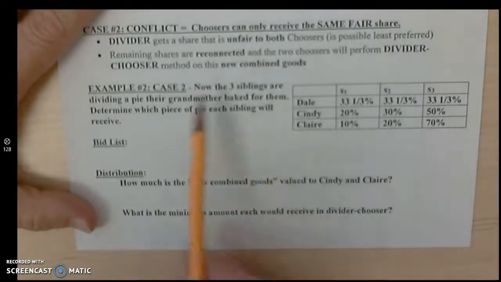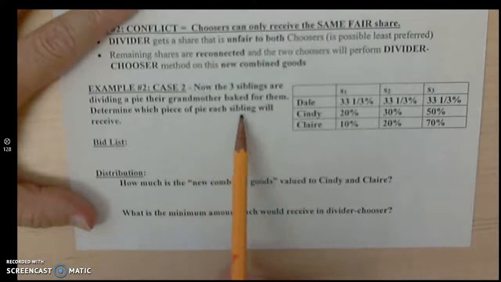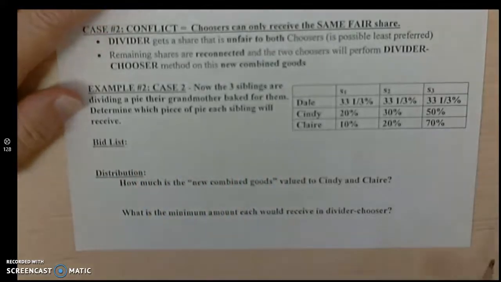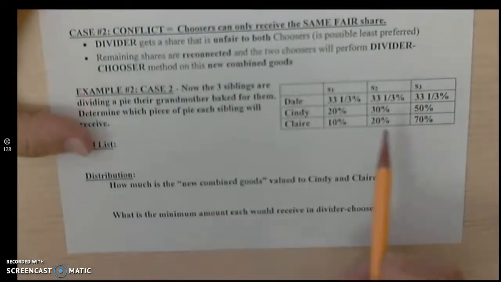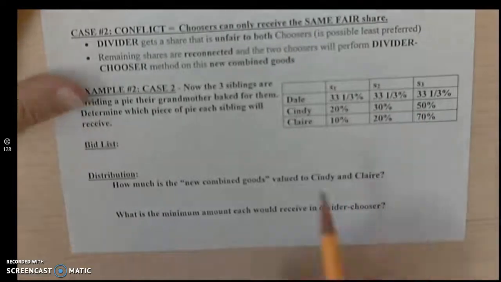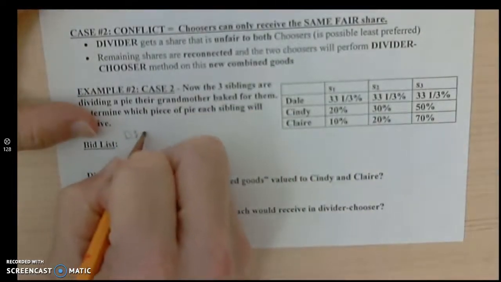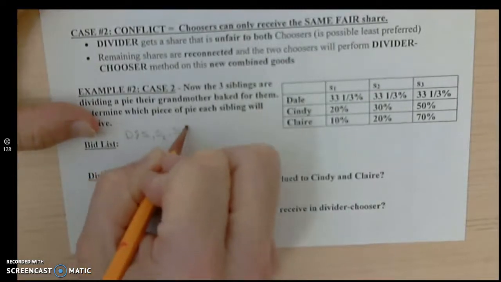So now the 3 siblings are dividing a pie that their grandmother baked for them. Determine which piece of the pie each sibling will receive. So if we do the same thing we did before, Dale must have been our divider, because everything is 33 and a third. So in terms of our bid list, Dell is going to get S1, S2, or S3.